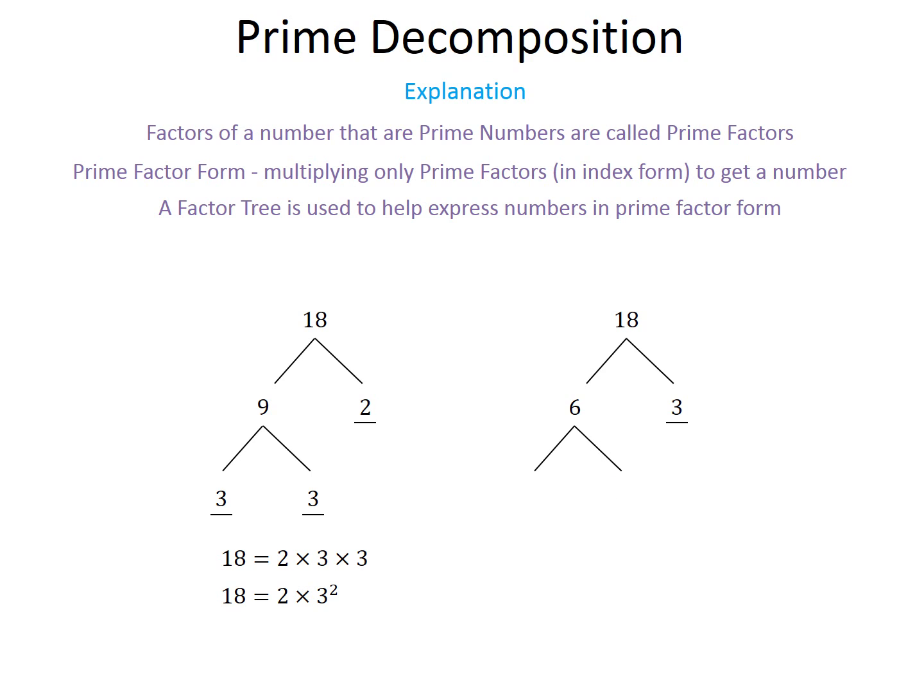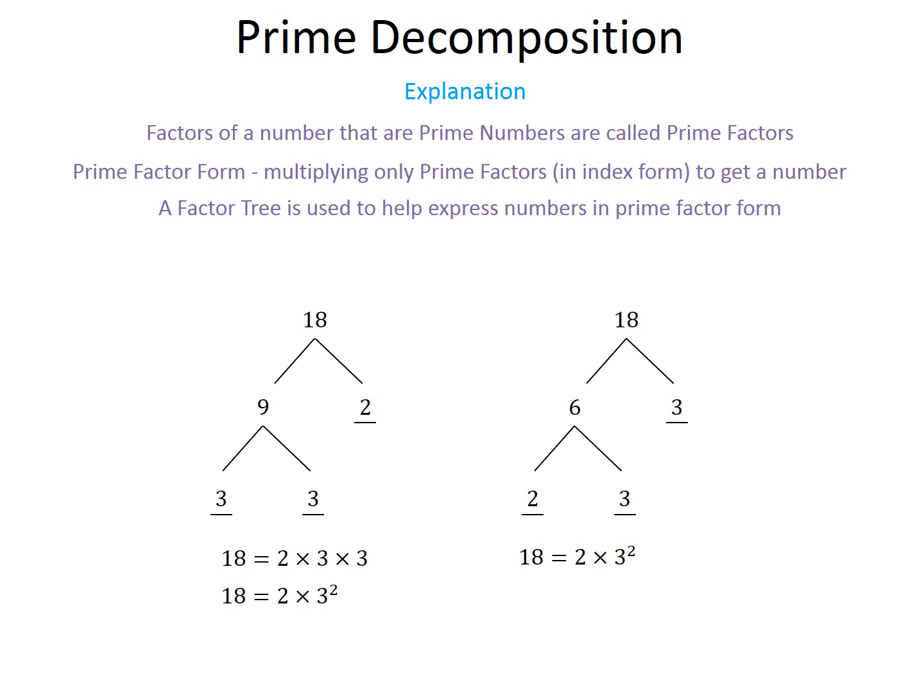And you can't use 1 and 6. The only option is 2 and 3. And I put my underlines there because they're both prime numbers as well. Notice once again I've got a single 2 and two 3's, exactly the same as over here, a single 2 and two 3's. And so once again I get exactly the same answer. 18 is equal to 2 times 3 to the power of 2.